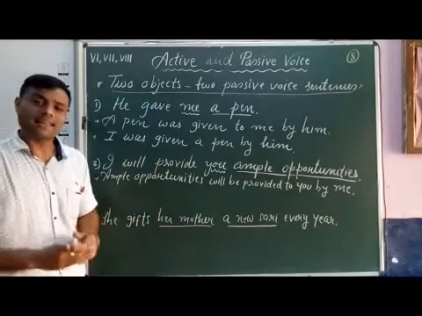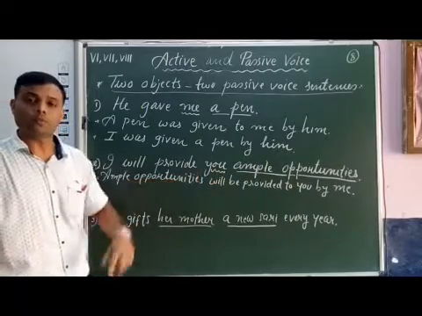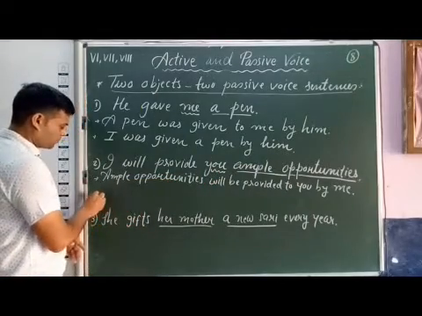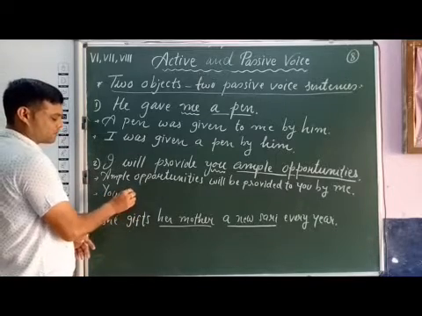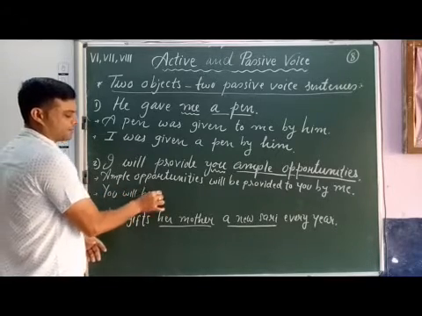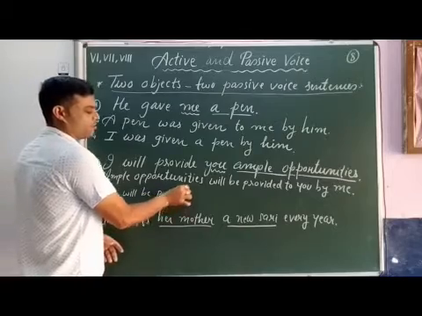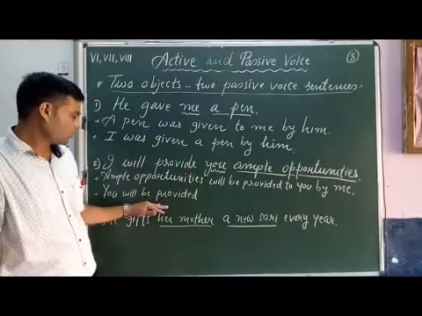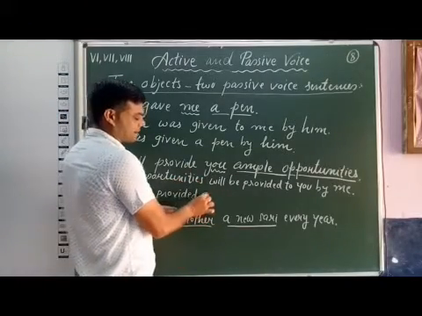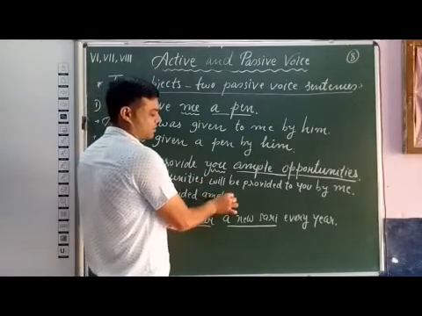Now we use indirect object, that is you. So you. Simple future tense, so will be provided. Will be, to be form, and provided, it is V3 of provide. You will be provided what? Direct object, ample opportunities.